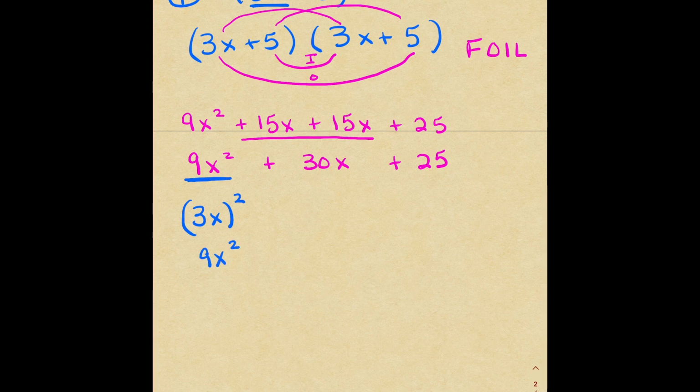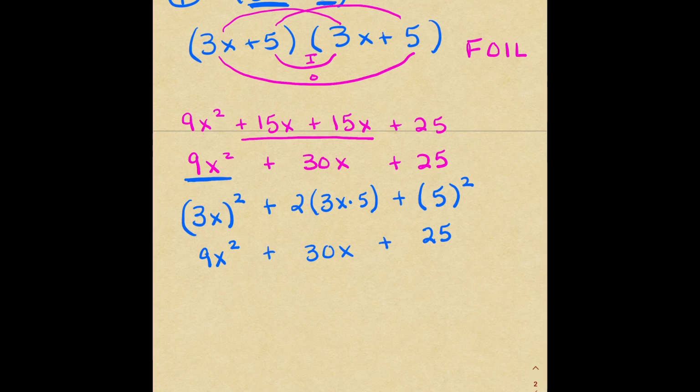And then we saw on the end that we had 5, and it's going to be on the end as 5 squared, and 5 times 5, or 5 squared, is 25. And then what happened in the middle was we had the first term times the second term, so 3x times 5, and because of the outer and the inner, that happened twice. And so 3x times 5 is 15x, and 15x times 2 is 30x. So there's a little pattern there.